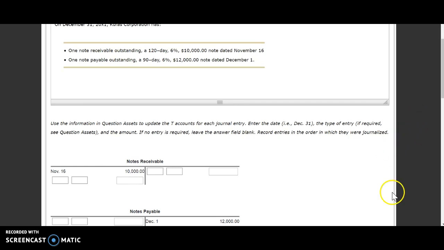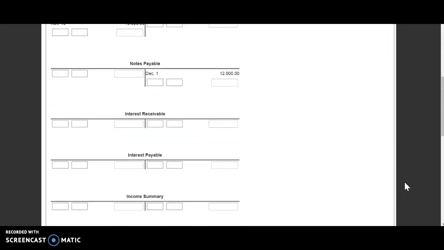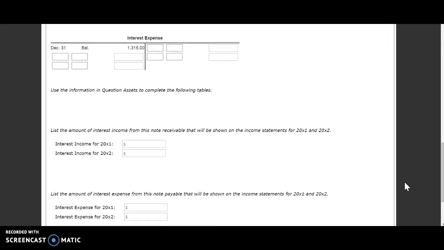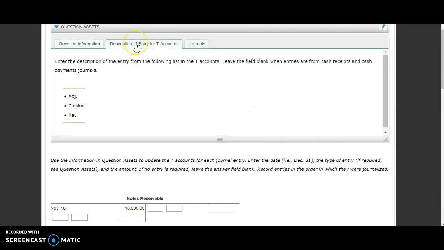Okay, so we're going back to T accounts, which you guys haven't seen since the beginning of Accounting 1. But really they're just putting it out there for us so that we're able to see how these accounts are going to be affected. So we want to look at the description of the entry. This says enter the description of the entry for the following list in the T accounts.